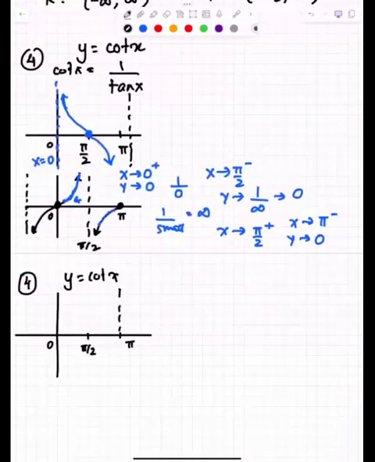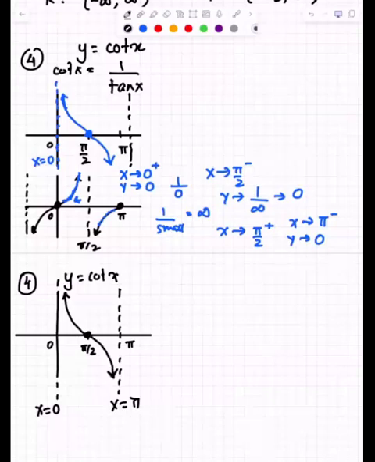At 0 and at pi, we have vertical asymptotes. So remember, it's like a tan graph, right? Cotangent is just like a tan graph, but it's shifted and flipped over the x-axis. So this is the cotangent graph. Okay.